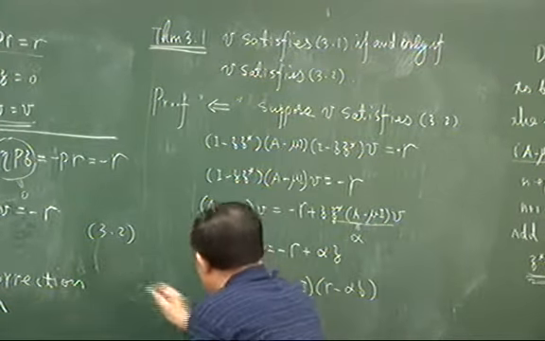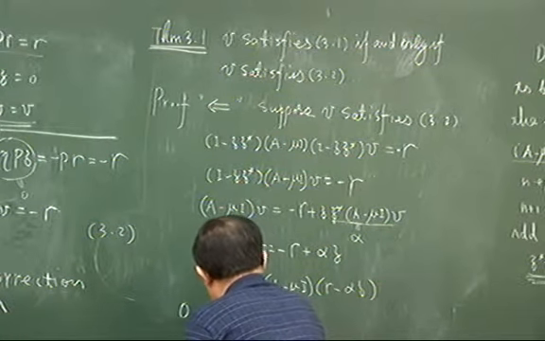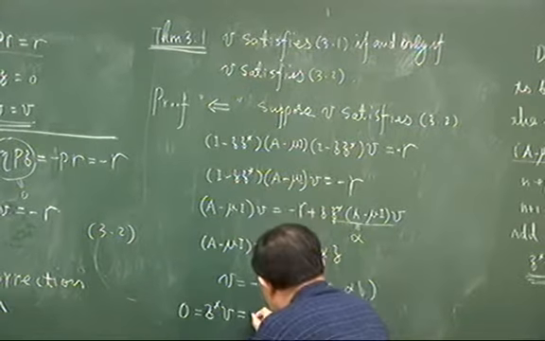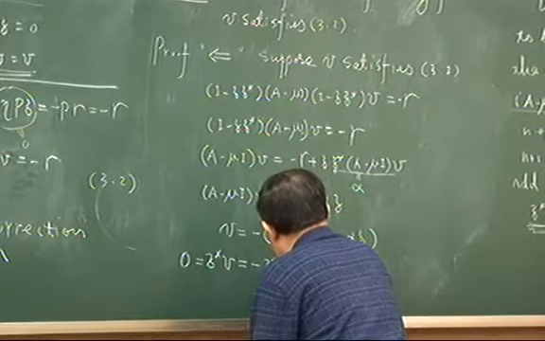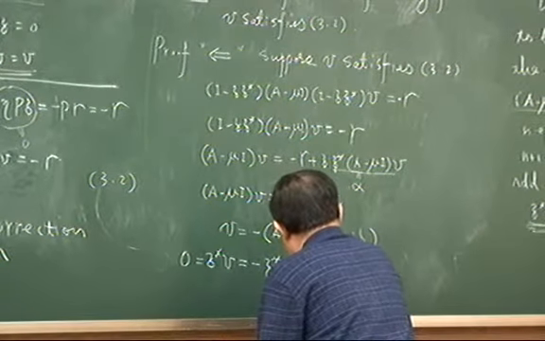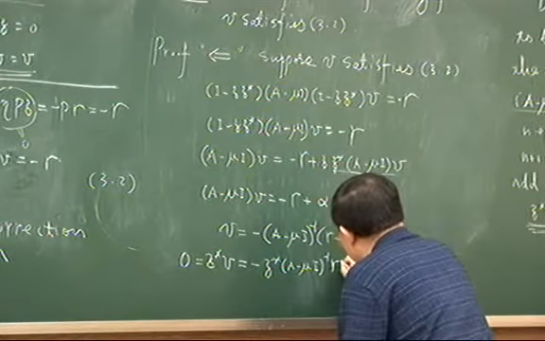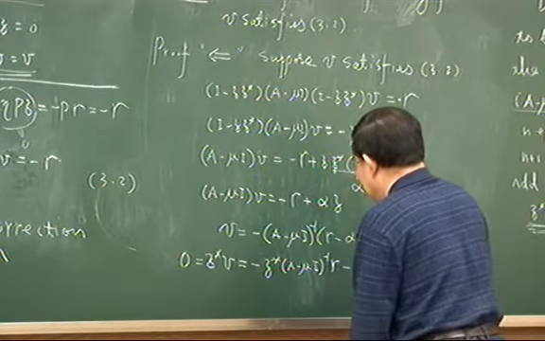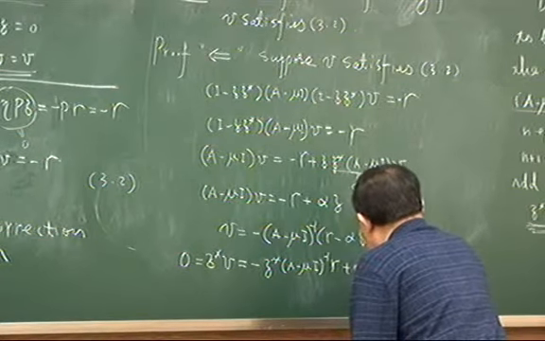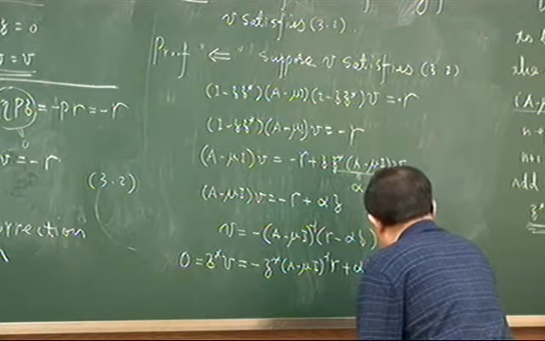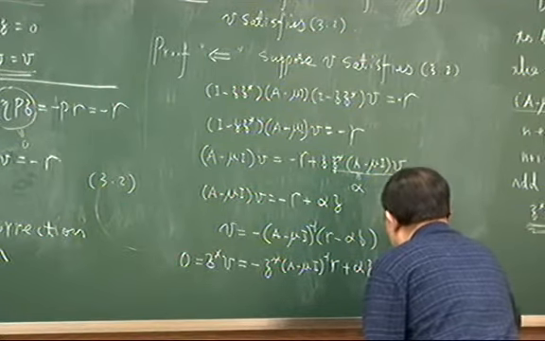Then z* v is equal to 0, which is just z*(A − μI) inverse R plus alpha z*(A − μI) inverse z.